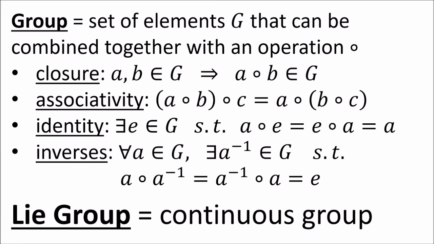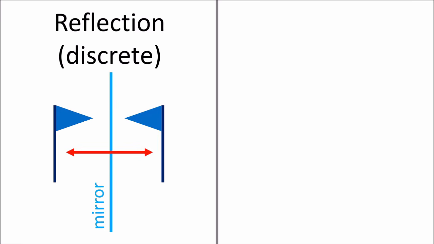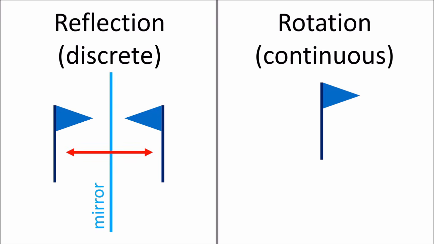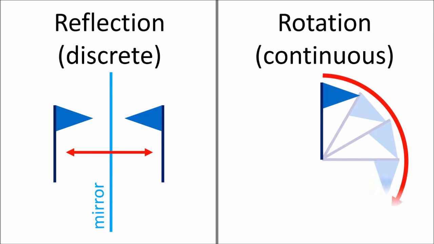A Lie group is a group that's continuous instead of discrete. Reflection transformations are not a Lie group because they involve discrete jumps, but rotations are a Lie group because we can smoothly move from a small rotation to a large rotation.